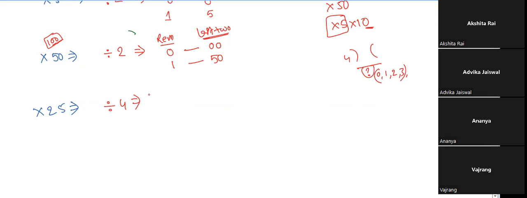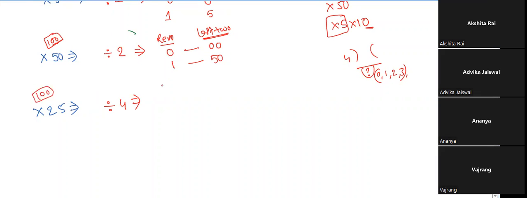And based on the remainder, we have to keep the last 1 digit or 2 digits. For 25, we are making the base number 10 or 100? 100, sir. 100 consists of how many zeros? 2 zeros. So we have to keep the last 2 digits.